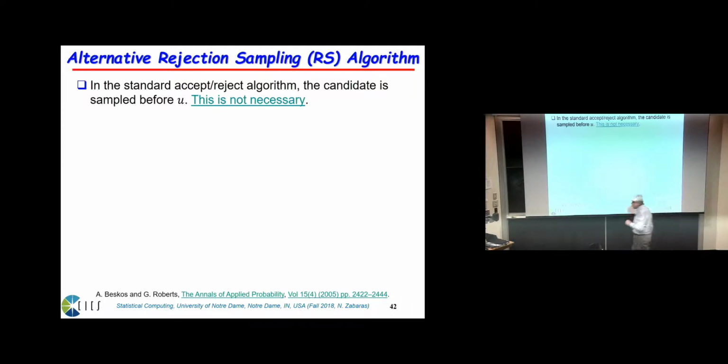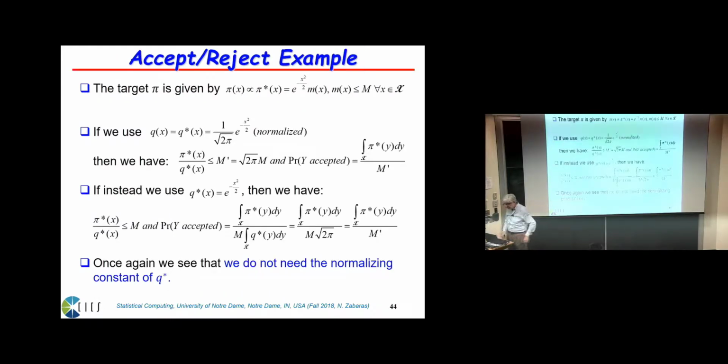All right. So I'm going to jump a little bit on the slides. Okay, so I am not going to do this example, it's trivial. The conclusion is really what I need you to pay attention to here: the example demonstrates that you don't really need to know the normalization constant of Q, okay?